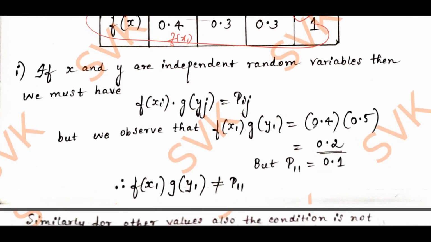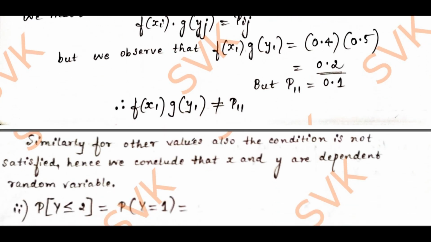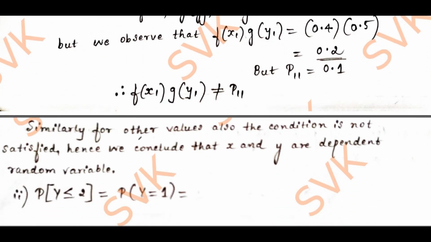When I multiply those two values, 0.4 into 0.5, I get 0.2. But the p11 value is 0.1. So f of x1 into g of y1 is not equal to p11. Therefore they are not independent random variables. Similarly, for the other values the condition is not satisfied. Hence, we can conclude that x and y are dependent random variables.